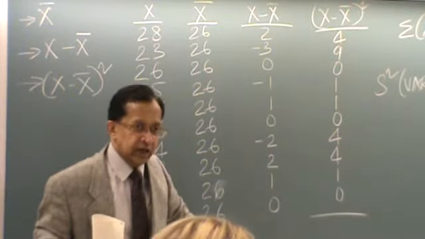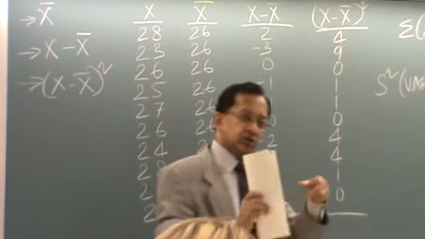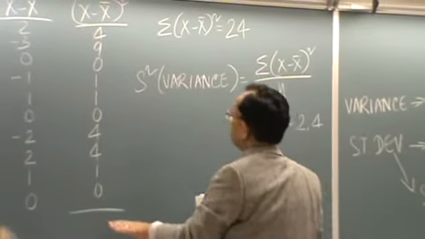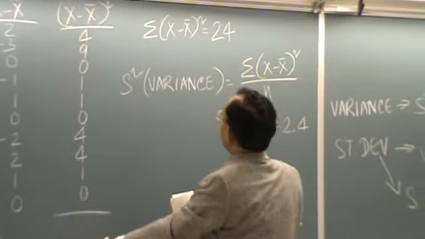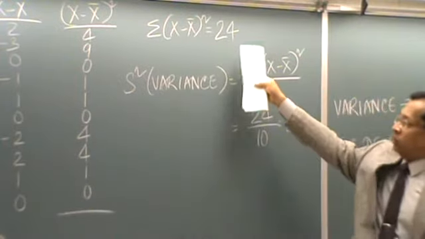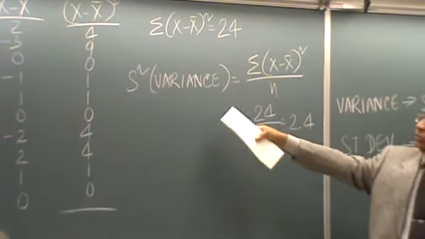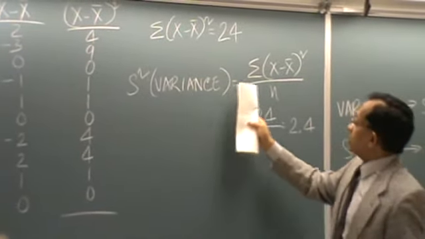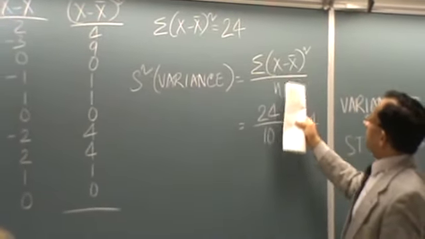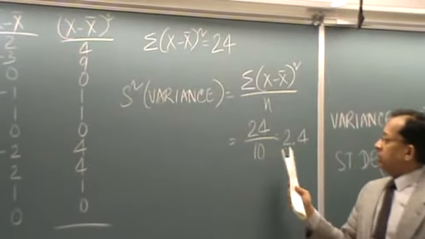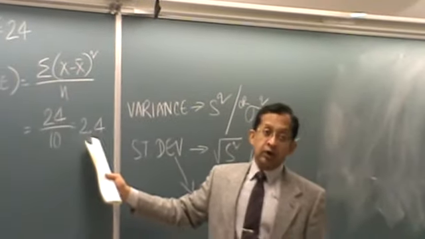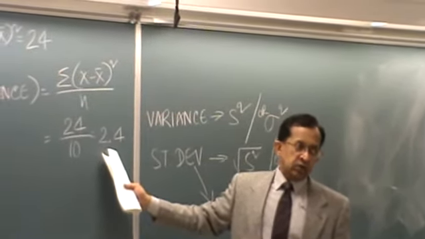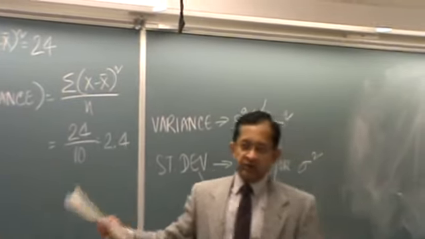We cannot deal with the negative value, we have to square it so that we neutralize that negative. Once we are done squaring, we add all those things up and we use this formula: s squared equals the sum of x minus x bar squared divided by n. And this is what we get for our variance. So 2.4, that's our variance.